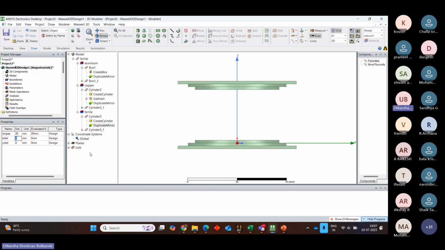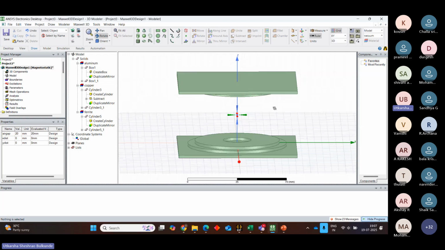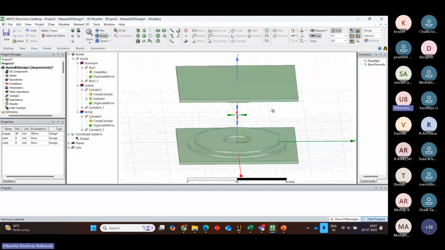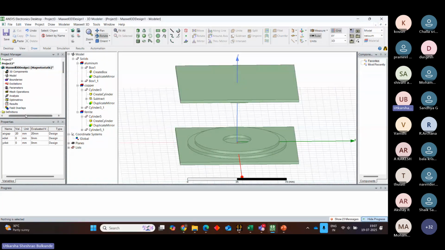You guys understood this? Yes, ma'am. Okay, so I should have first given excitation and then duplicated it, but it's fine. So next step is, let's first give region.